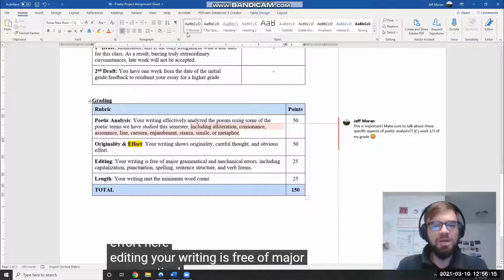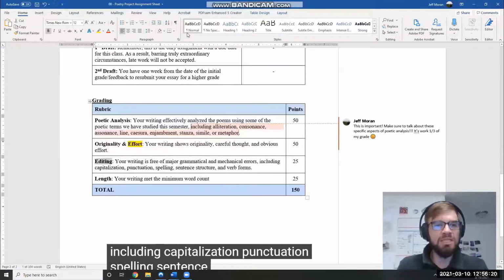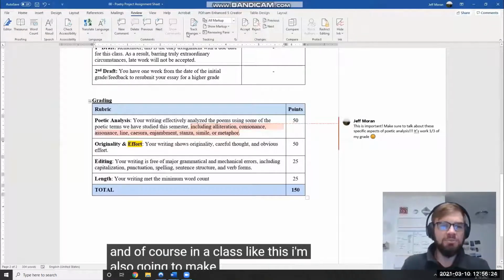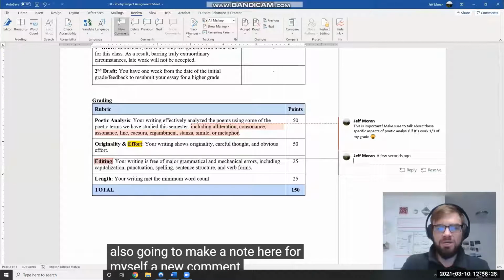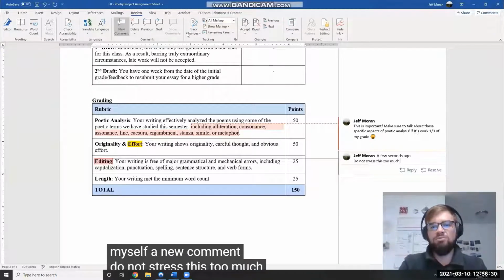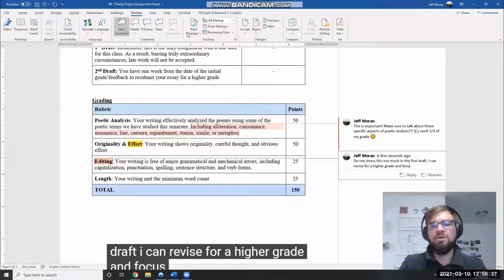Editing, your writing is free of major grammatical and mechanical errors, including capitalization, punctuation, spelling, sentence structure, and verb forms. And of course, in a class like this, I'm also going to make a note here for myself, a new comment. Do not stress this too much in the first draft. I can revise for a higher grade and focus on editing at that time.